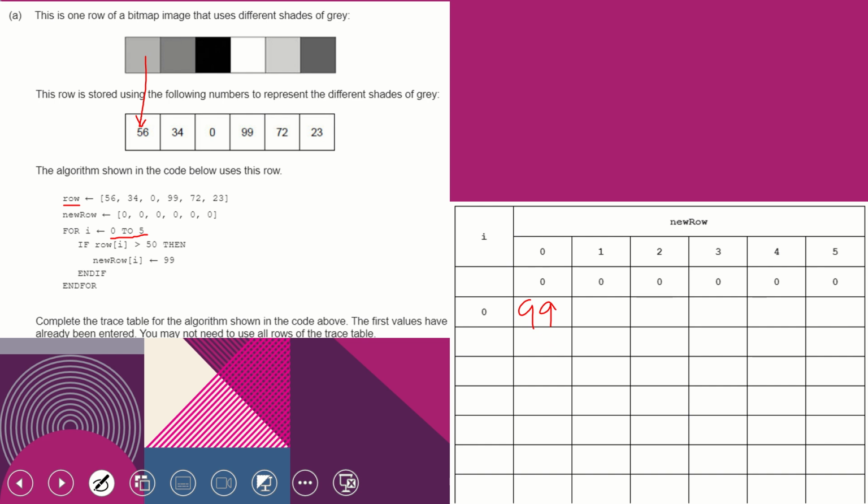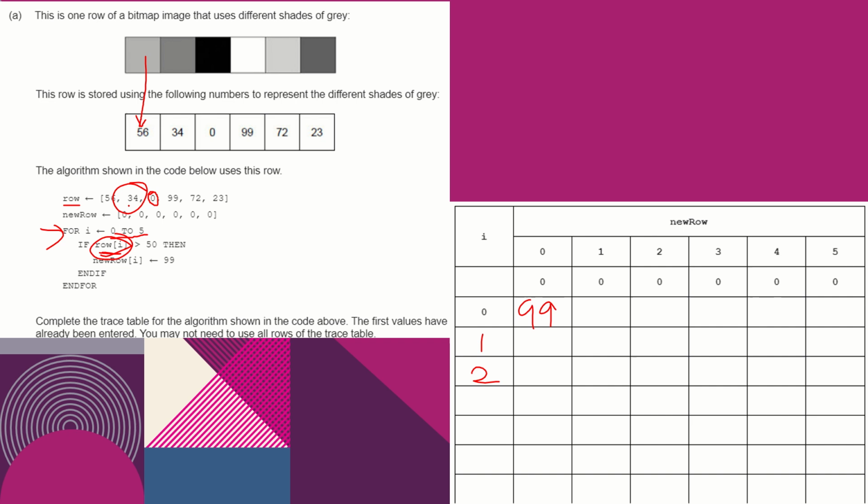Now value of I is 1. Now what is the value of row I over here? 34. Is 34 greater than 50? No, so we are not doing anything over here. Next comes 0, okay, because again I will become now 2. That's what you have to include, because when you're having a for loop, value of I keeps on increasing.